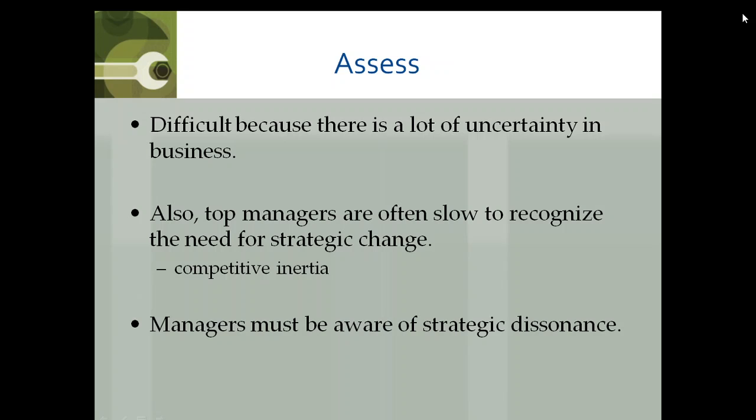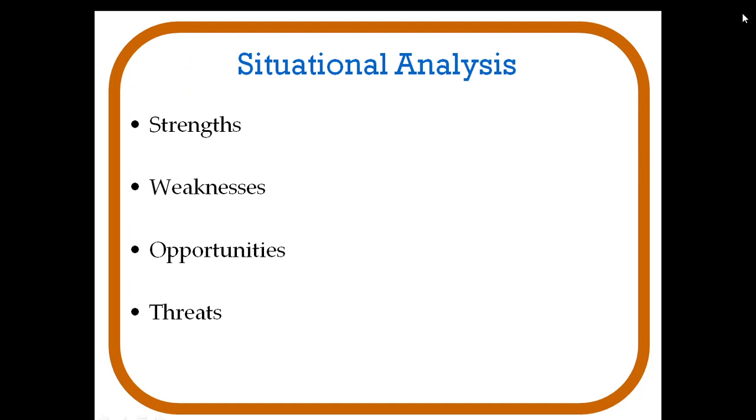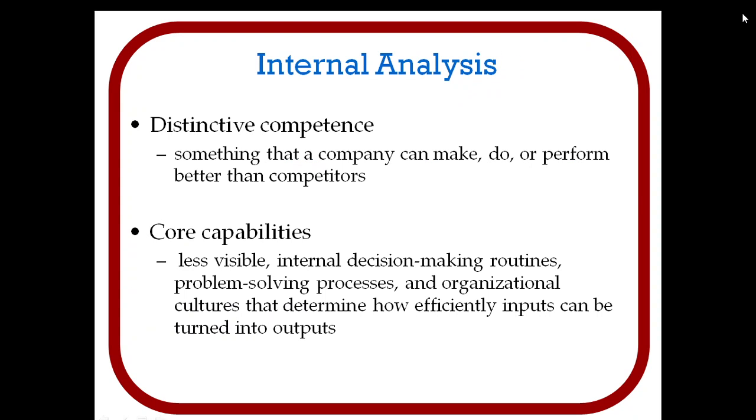It is difficult because there's a lot of uncertainty in business. Yes, you have to look through the uncertainty. And also, top managers are often slow to recognize the competitive inertia and strategic dissonance. So we discussed this. And then we've discussed the SWOT: strengths, weaknesses, opportunities, and threats. We've discussed this internal analysis.